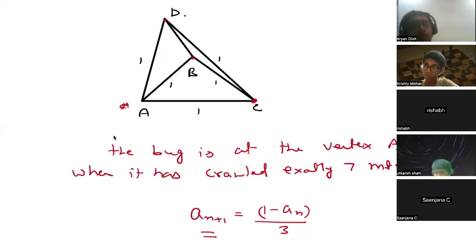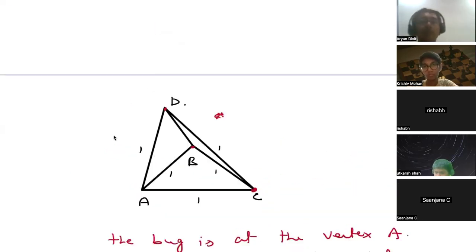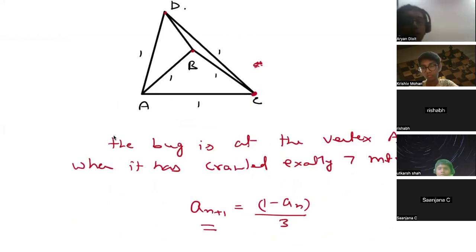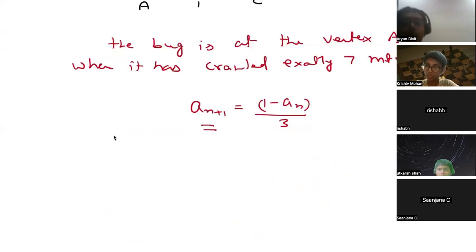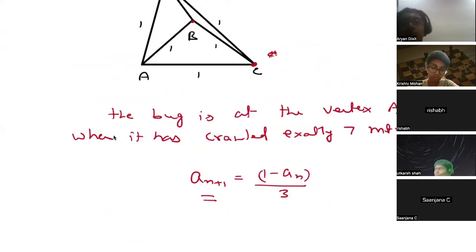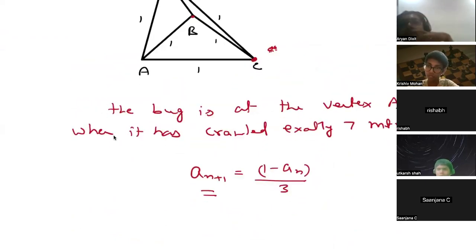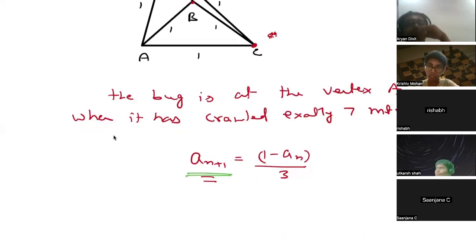So on the last move, when we are saying it may be at B or C or D, it has to reach A. So we have three options among A, B, C and D, right? So the bug is at one of the vertices. So a n plus 1 is equal to 1/3 of (1 minus a n), right? Is this okay?